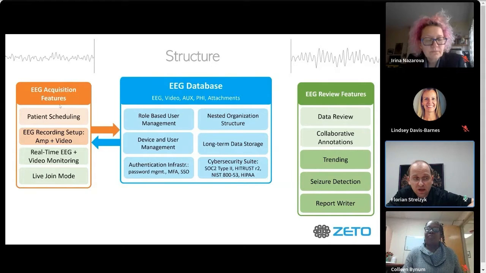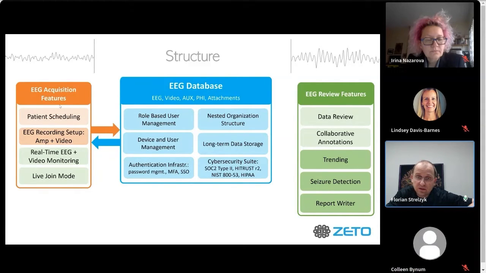Now there are some workarounds, but Zeto is a native cloud. That means we don't need workarounds. By default, for lack of a better comparison, think of it as Netflix for EEG. It doesn't matter how many users you have accessing the movie, the movie being your EEG.